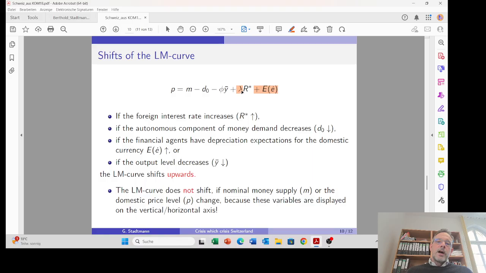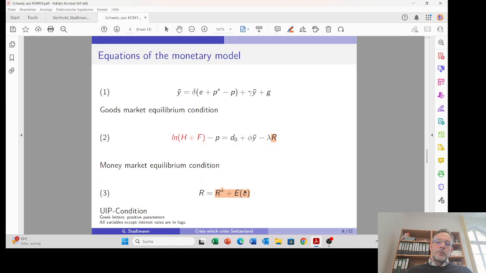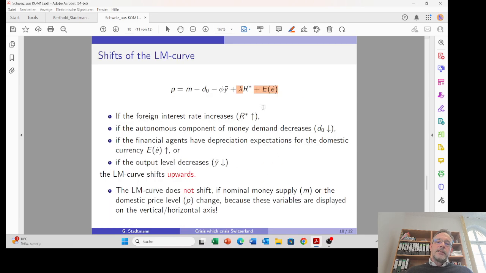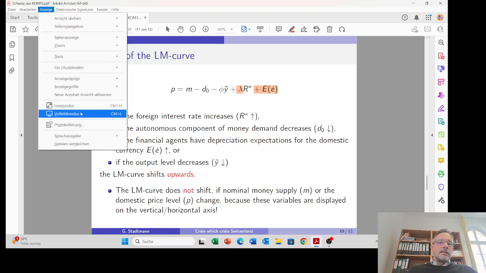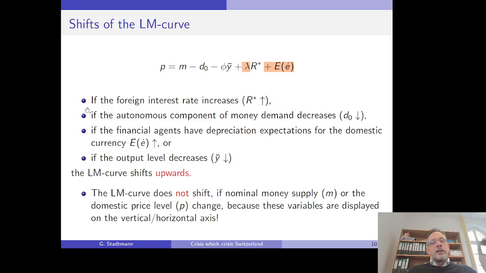We also have to write this sign in front of the expected exchange rate because we are inserting it here on the right-hand side. So a mistake is here. Not too important, but let's proceed. Please make the correction in your slide deck.